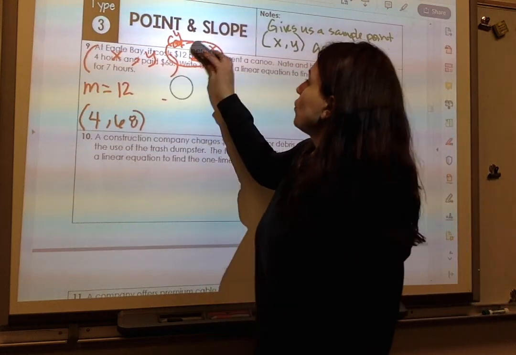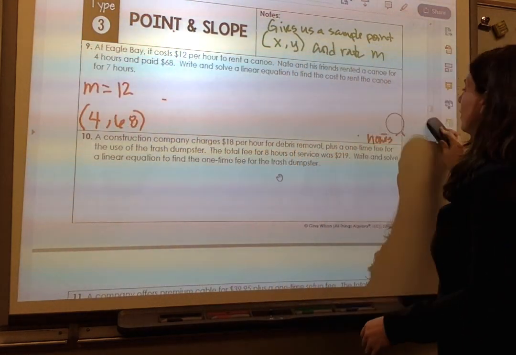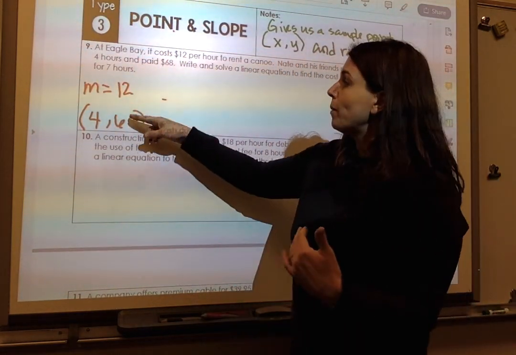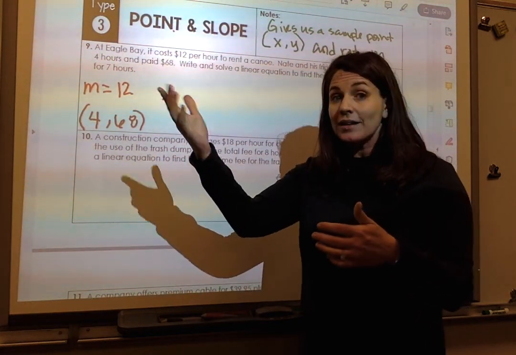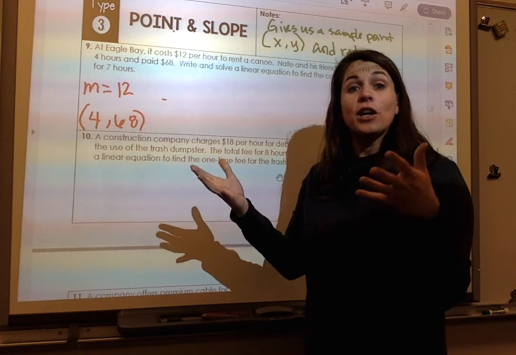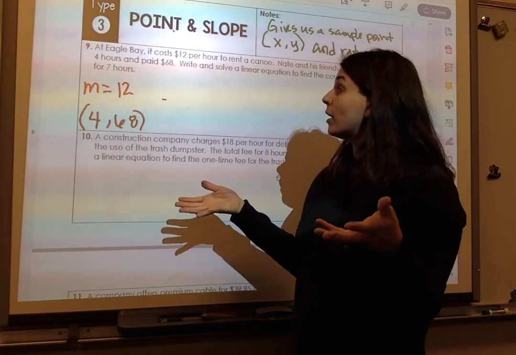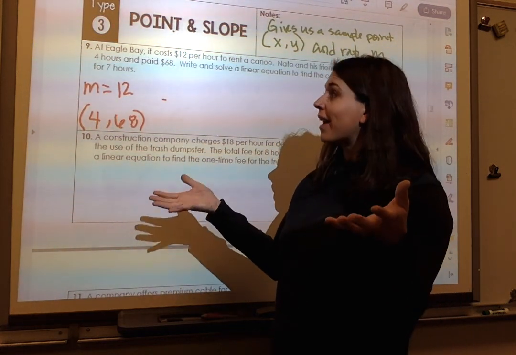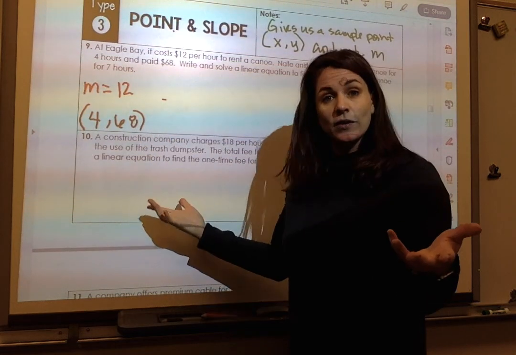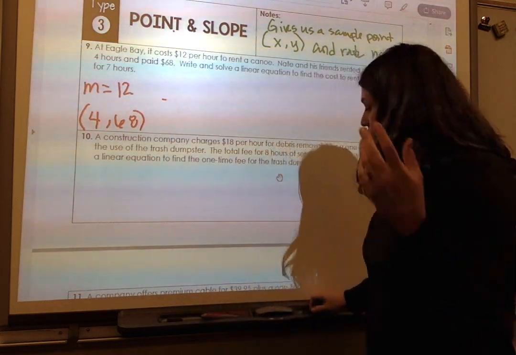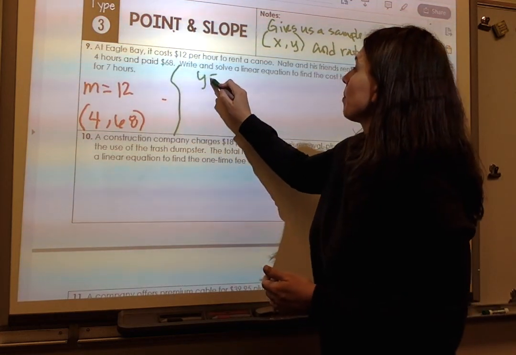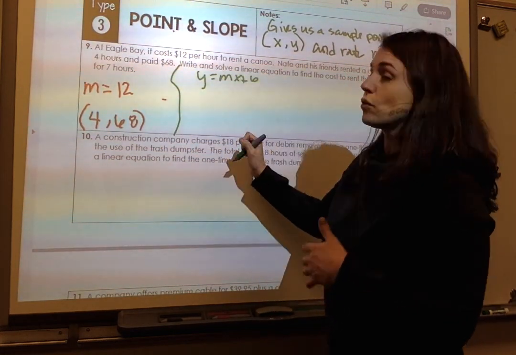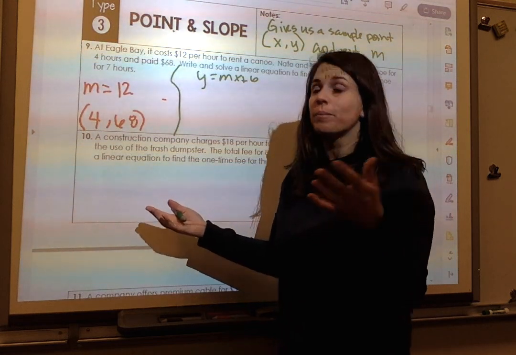So now that you've identified a slope and a point, you can figure out your equation. Remember, we already identified in previous videos how to make a line when you're given a point and a slope. Remember, it was 2 ways. You could do it by the shortcut, y equals mx plus b, which is what I use, or you can do the point-slope formula.